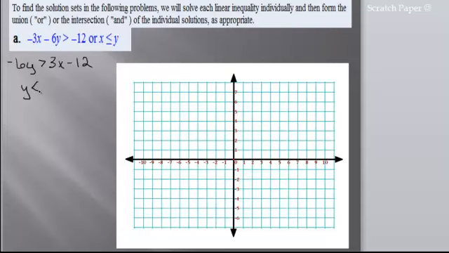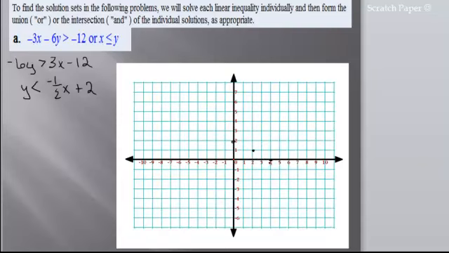So y is less than, since we divided by a negative, we have to flip the inequality symbol, negative 1/2 x, and then negative 12 divided by negative 6 would be a positive 2. So if we wanted to graph this line, we'd go up to 2, put a point, then we'd rise negative 1 and run 2.